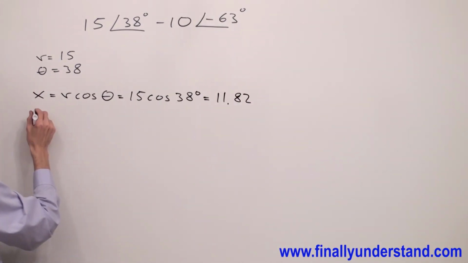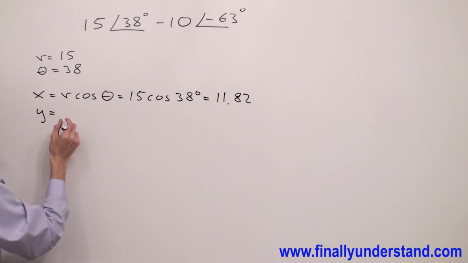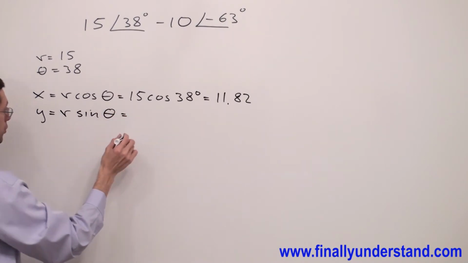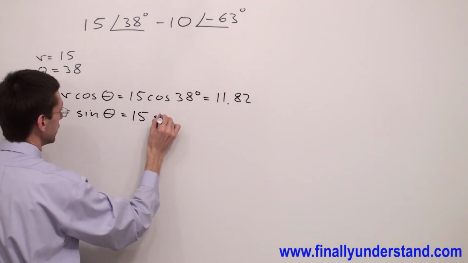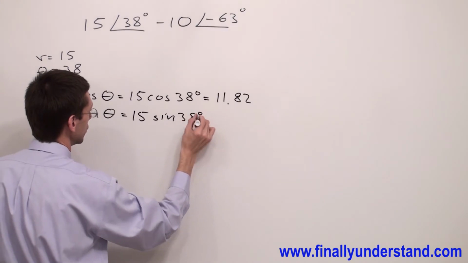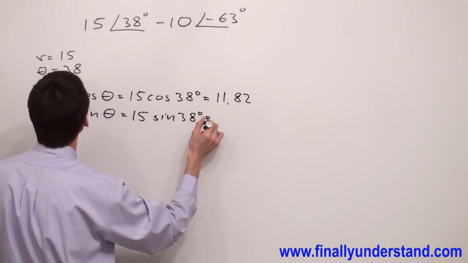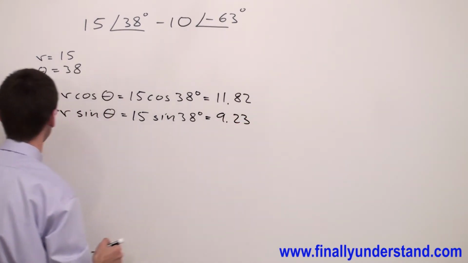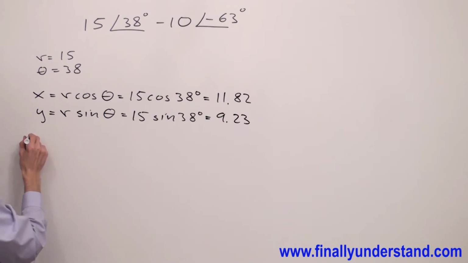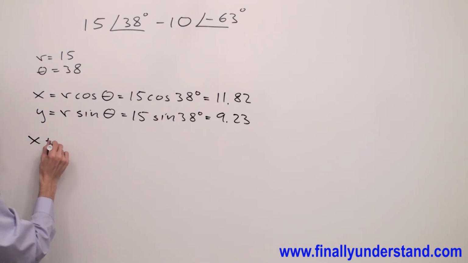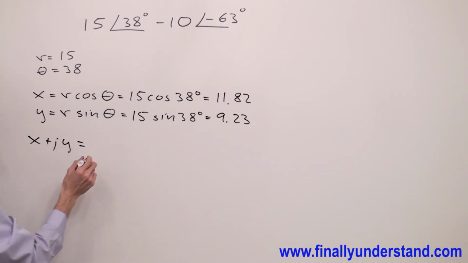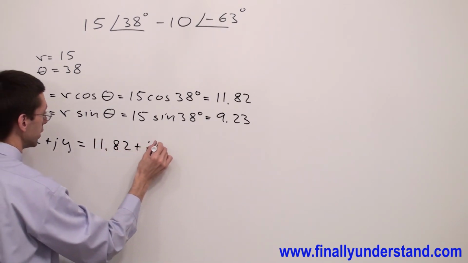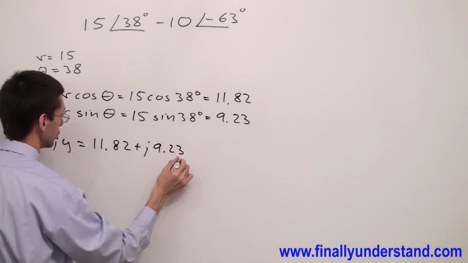If you want to find the imaginary part, y, I'm supposed to multiply r times sine theta, which is equal to 15 sine 38. This is equal to 9.23. So if you want to write the rectangular form, this is going to equal 11.82 plus j 9.23.